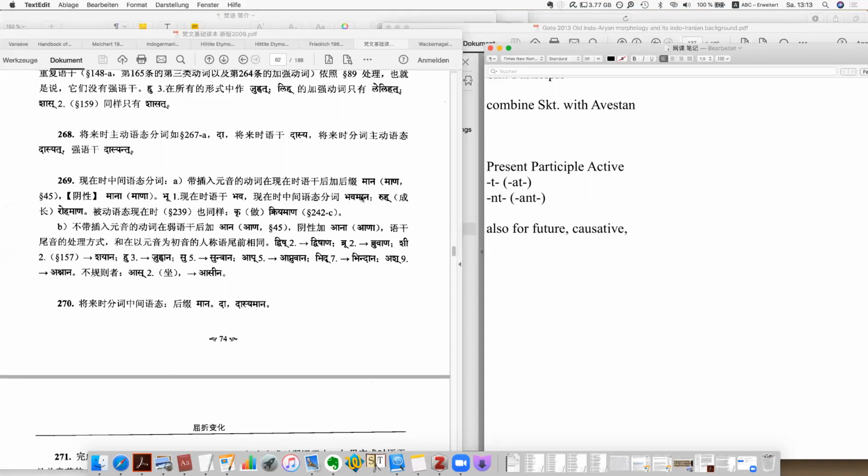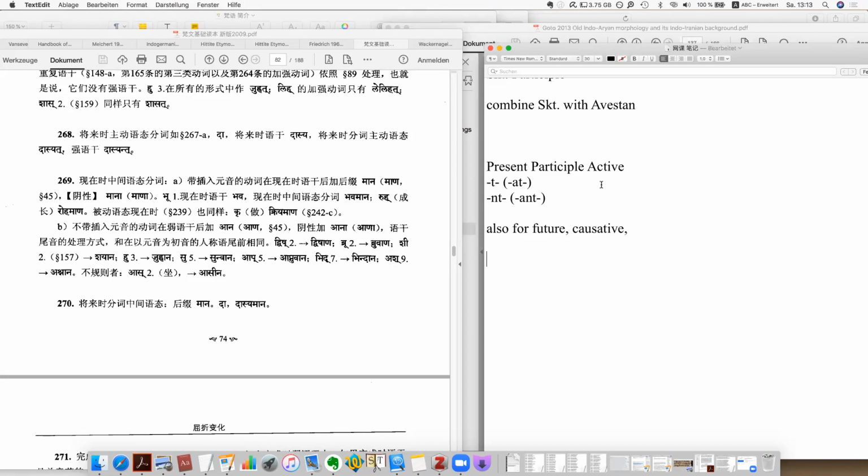And then there's an interesting form. It's called the middle participle with mana or māna. This retroflex is just caused by the phonological context, so it's basically the same thing.